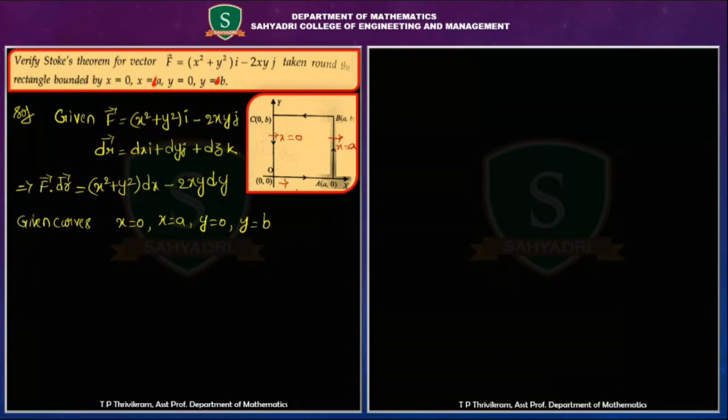So we call this y equal to 0. Similarly, y equal to b. What is the remaining line here? This line is nothing but y equal to b, which is parallel to the x-axis.